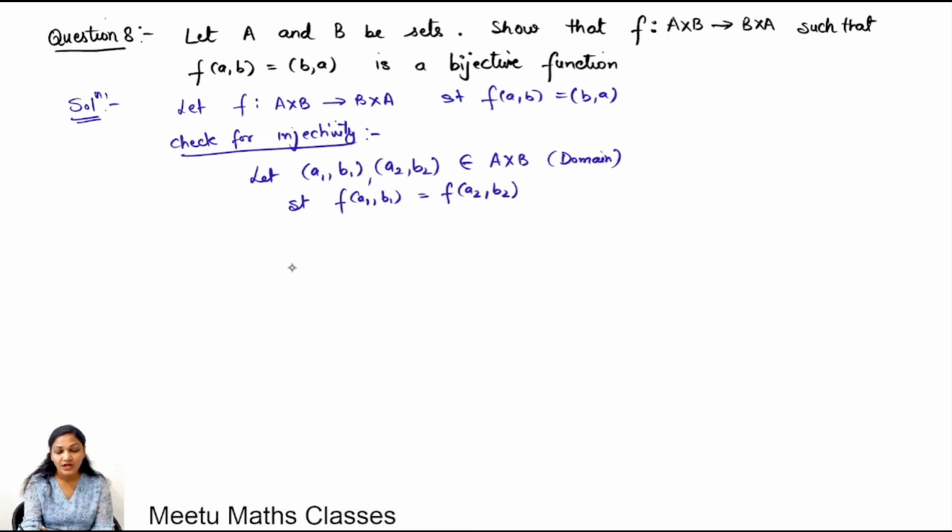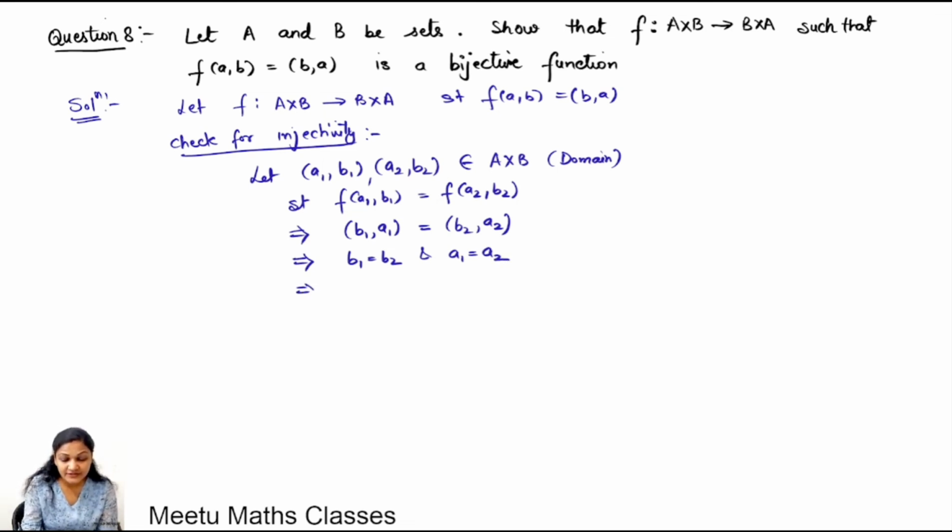Now f of (a1, b1) is (b1, a1) and f of (a2, b2) is (b2, a2). And if two ordered pairs are equal, that implies that b1 is equal to b2 and a1 is equal to a2.